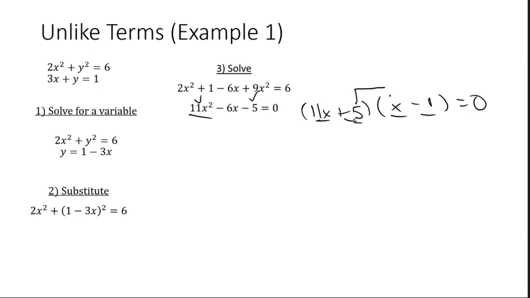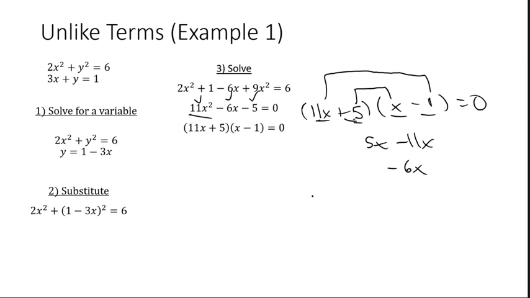And if you check the inner and the outer terms, we get 5x and then negative 11x. That's going to give you negative 6x, which is the middle term. So you think through reverse distributing or reverse FOILing, and that's going to be how you factor. So that factors, and we get that right there.